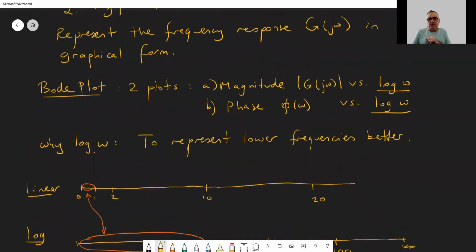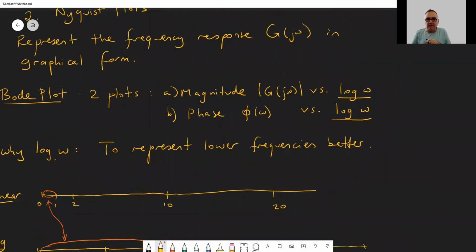Therefore, this is a log-log plot in a way, and the second one is a semi-log plot, so that the y-axis is linear, whereas the x-axis is logarithmic here in the phase angle.